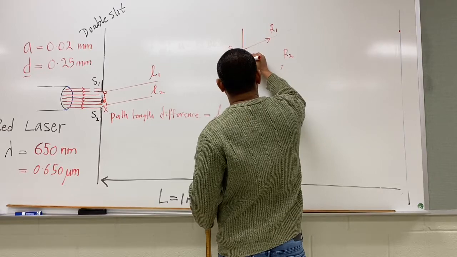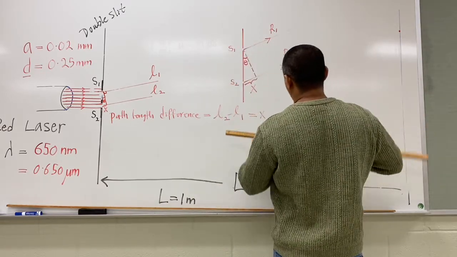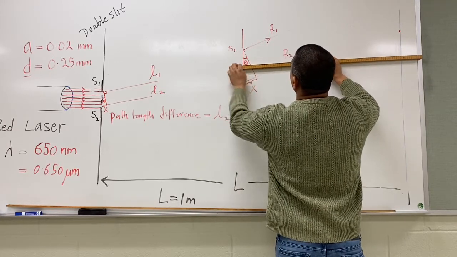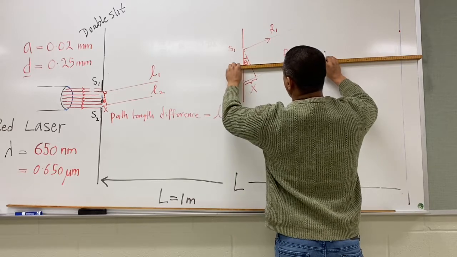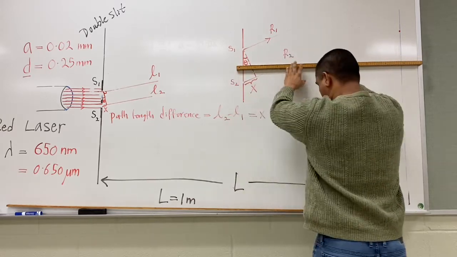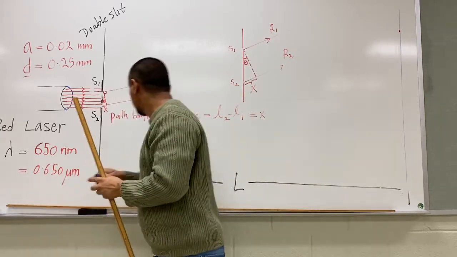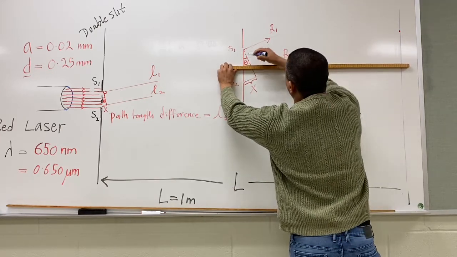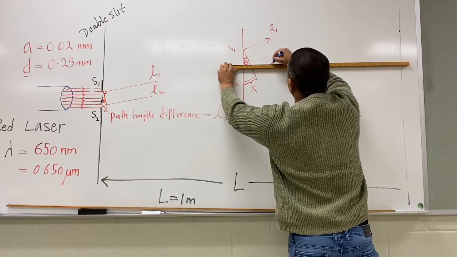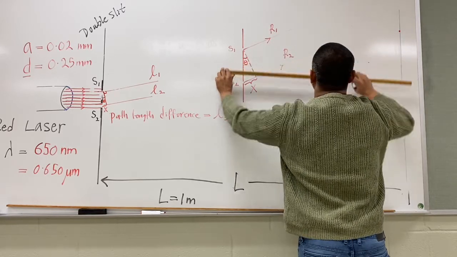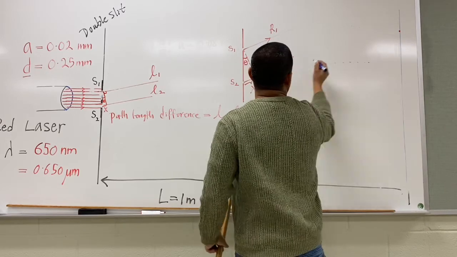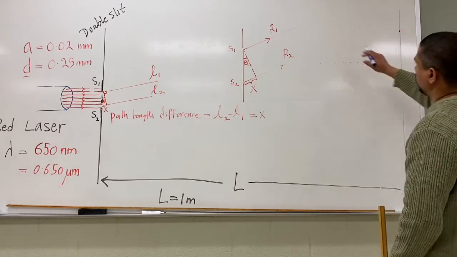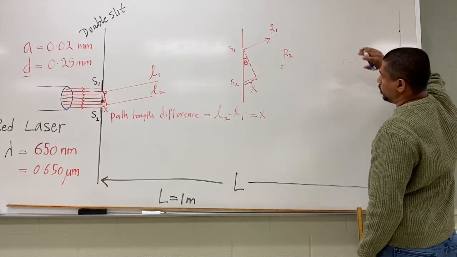And this is the angle theta. And now I draw a line from the center of these two slits to the screen, a perpendicular line, so let me use a different color. From the center of the two slits, a perpendicular line to the screen, and they're going to meet somewhere here on the screen that is far away.